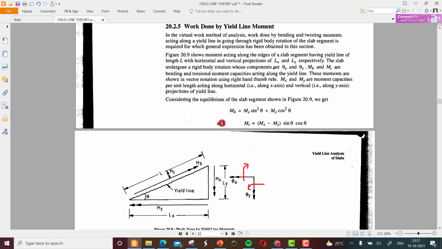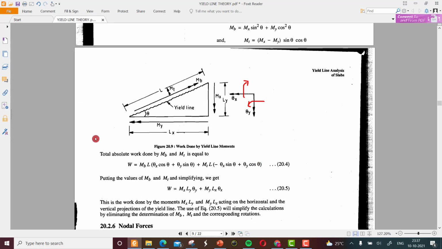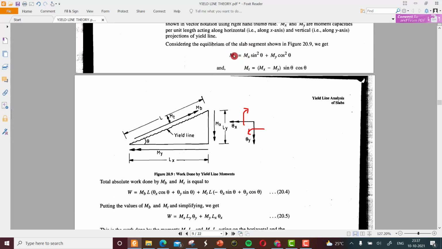And from this triangle calculations, we have Mt equal to (Mx minus My) into sin theta cos theta, based on the trigonometric calculations. So we got an expression of Mb and Mt, the bending and torsion moment on the yield line, with respect to Mx and My for the horizontal and the vertical axis.